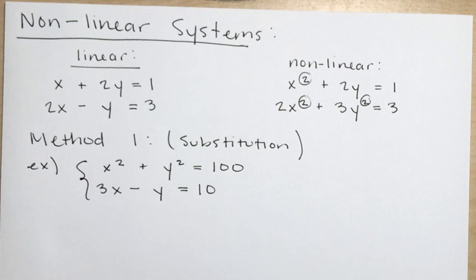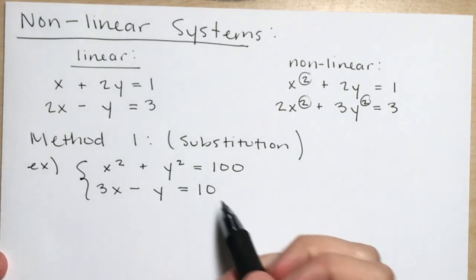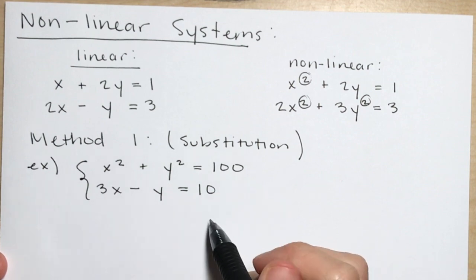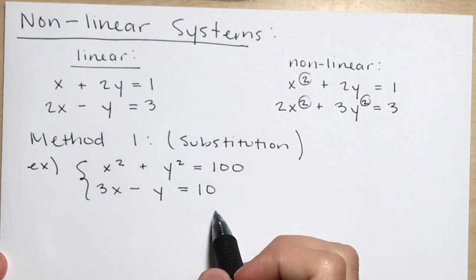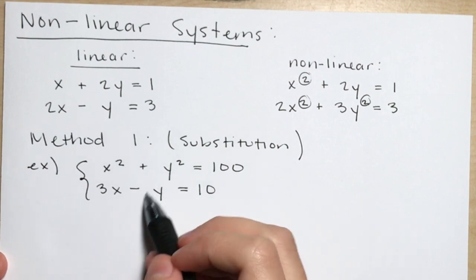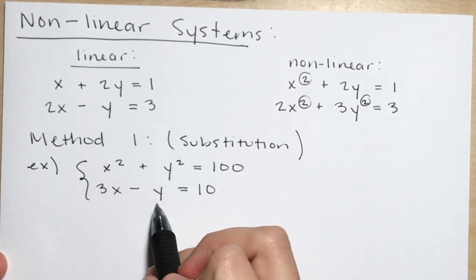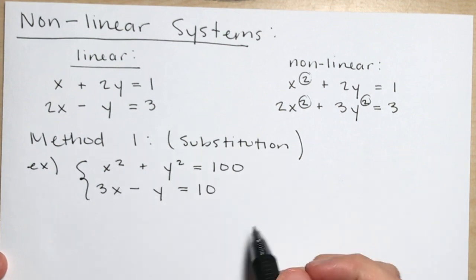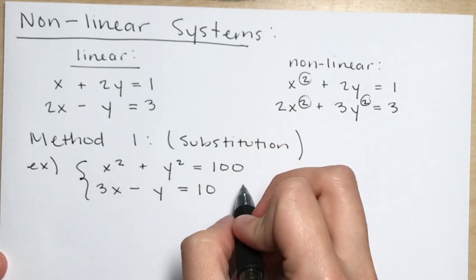What did we do every time? Well, we picked something to solve for, right? And then we substitute. What is going to be our easiest variable to solve for? Usually it's the one that already has a coefficient that's close to 1, which lands us with this negative y. That's going to be the easiest one here.